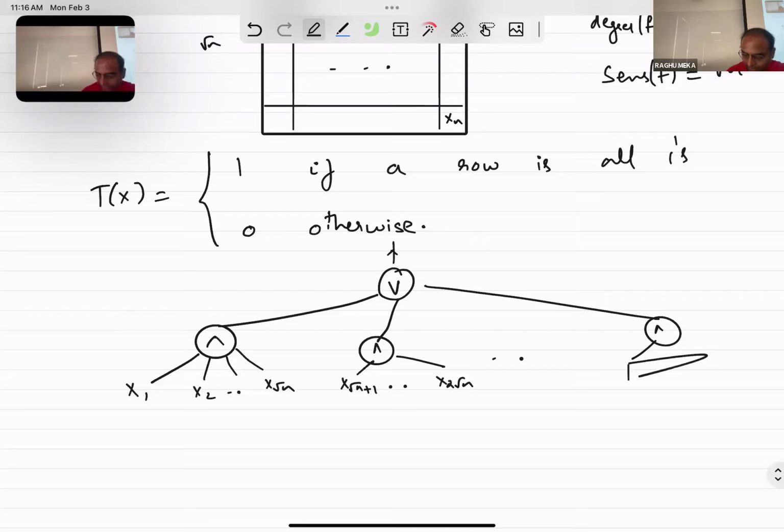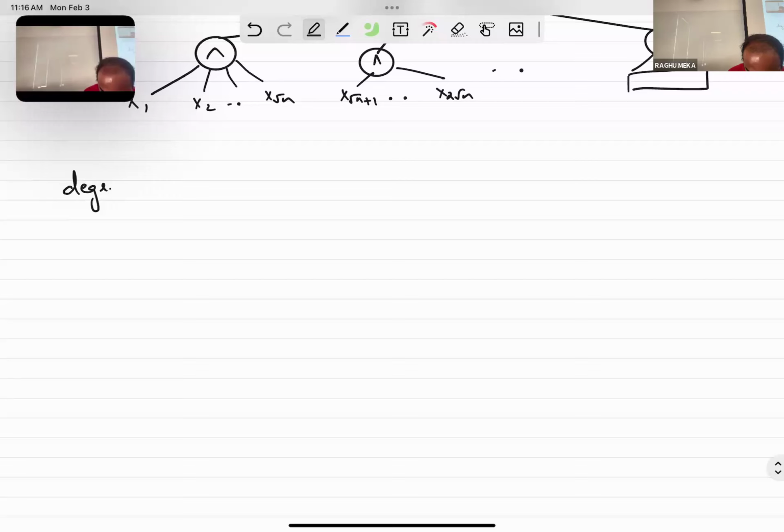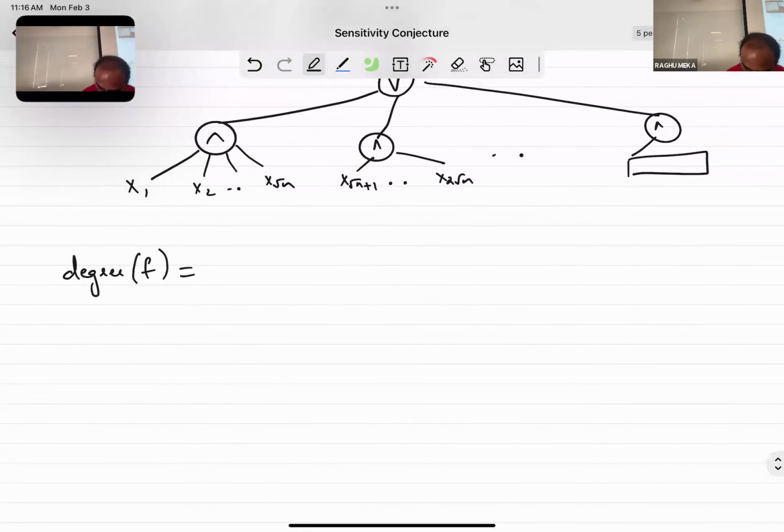So you're grouping the variables into blocks of root n each, taking an AND of these blocks and putting an OR. Okay. Now the degree of this function is actually n. You can write it down explicitly by basically taking the polynomial for OR and then the AND.